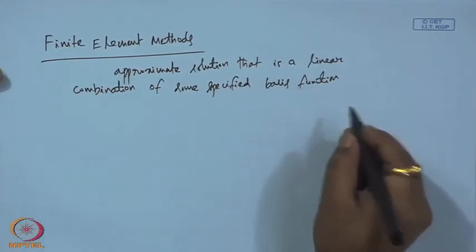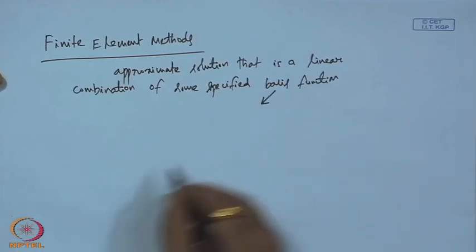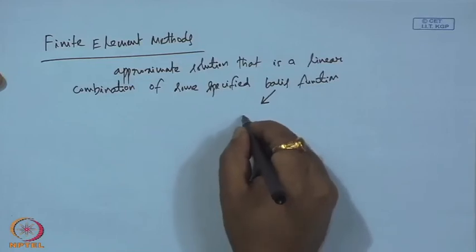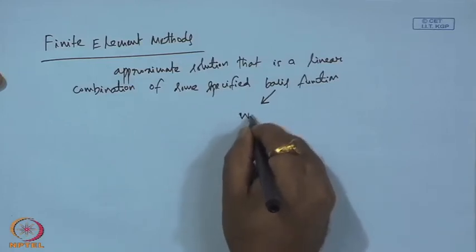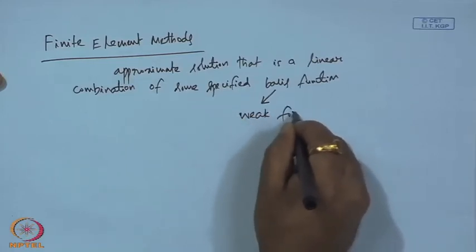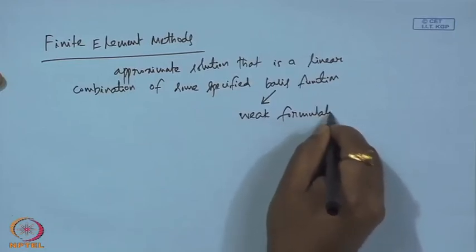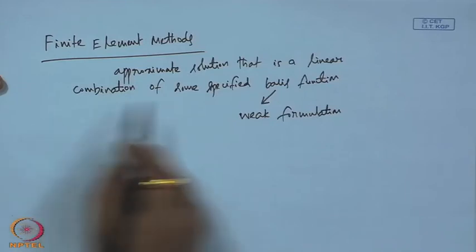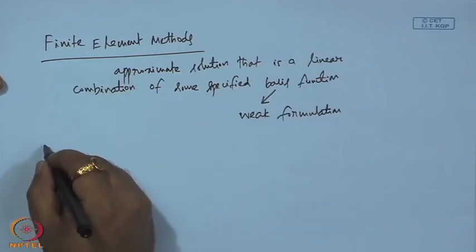However, there is a slight variation compared to function space methods. This basis function is obtained from something called the weak formulation, and also there are finite volume methods.